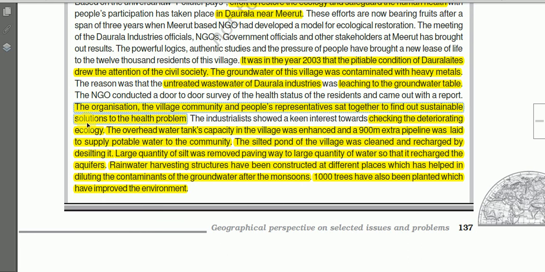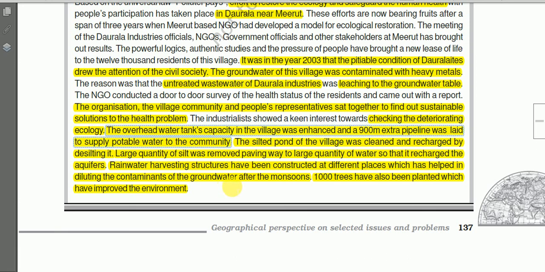Then the NGO, the non-governmental organization, the village community and people's representatives sat together to find out sustainable solutions to the health problems and to check the deteriorating ecology. And so what did they do?